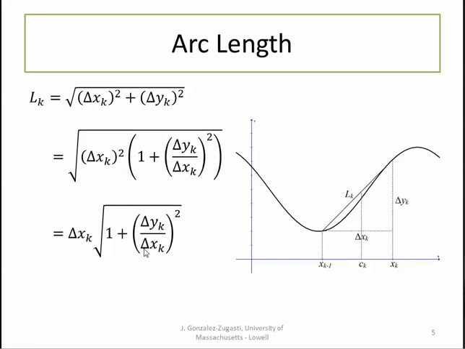And this right here is the slope of this line, and that slope we can approximate with the derivative of our function at c sub k. It's a great approximation; they're really close to each other. So I can say that the length of this little segment is approximately equal to delta x sub k times the square root of 1 plus the derivative at c sub k squared.